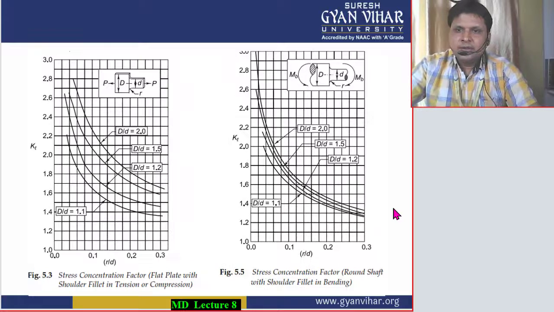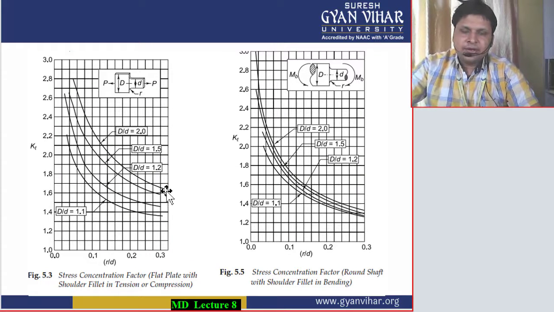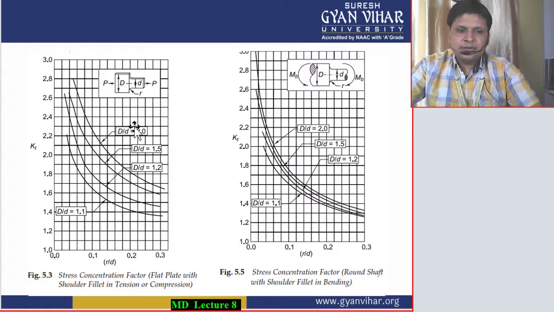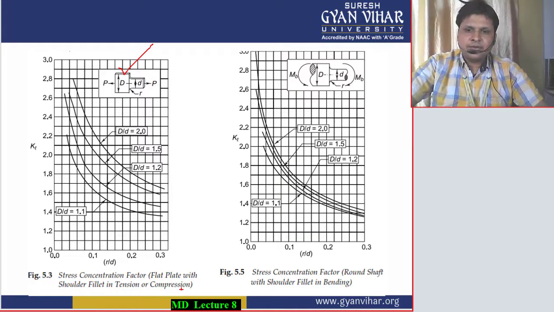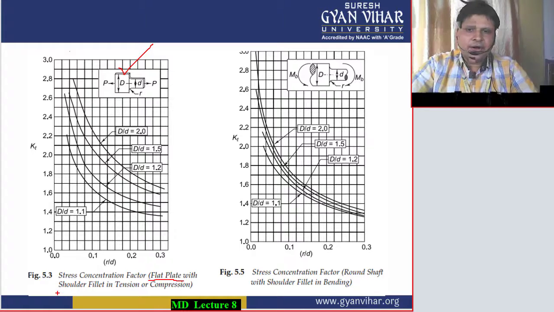Coming to the next charts, there are other charts also. You can see this is the chart, this is the chart. Here the shaft is not of circular cross section, it is of this shape, meaning there is some abrupt cross section change on a flat plate with a shoulder fillet.